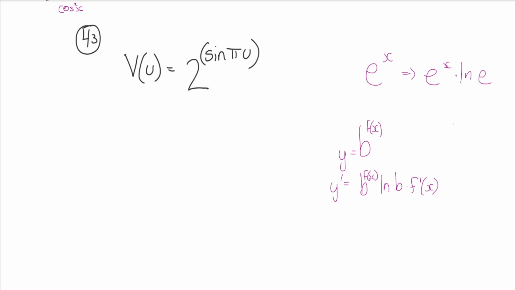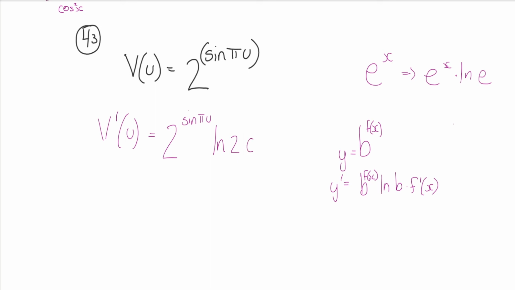Okay, let's do it. So v prime of u, we also have kind of chain rule to do. So it's going to be 2 to the something, times ln 2, that's the ln of the base, but then the derivative, so we now have to do the f prime, and the f prime is sine pi u.